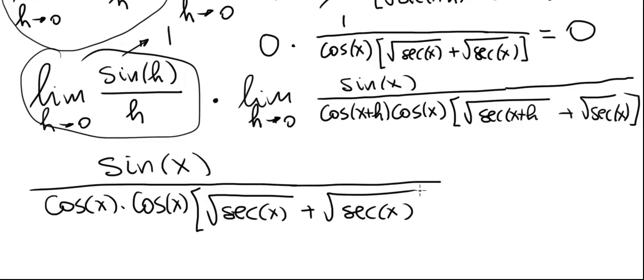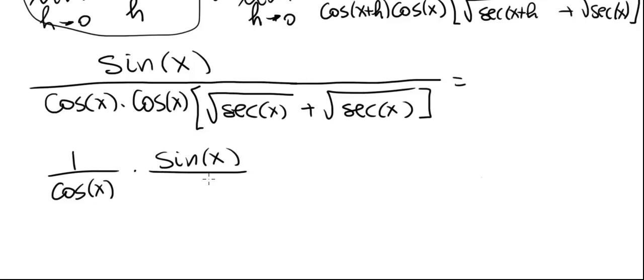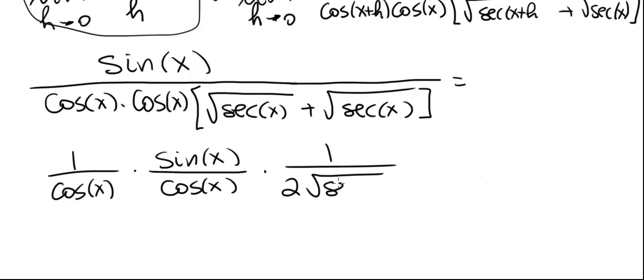And let's simplify this. Let's write it like this: 1 over cosine of x times sine of x over cosine of x, and then times 1 divided by 2 square root of secant of x. And we can certainly simplify this.